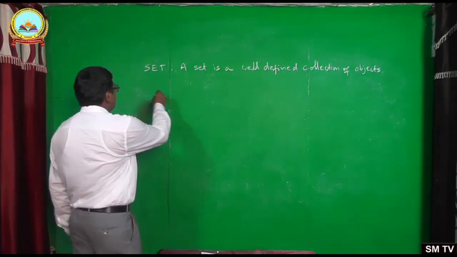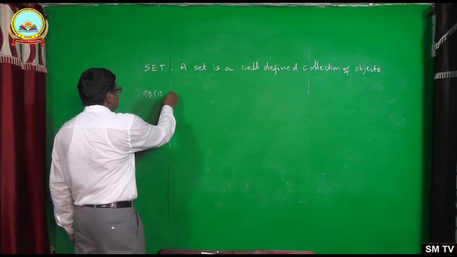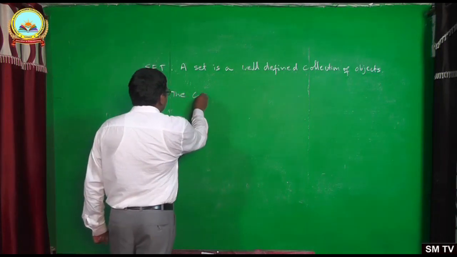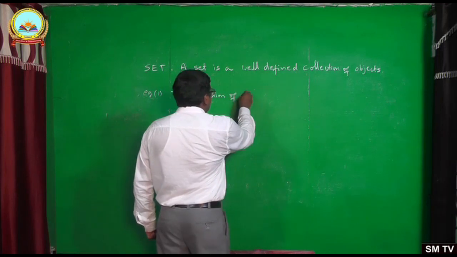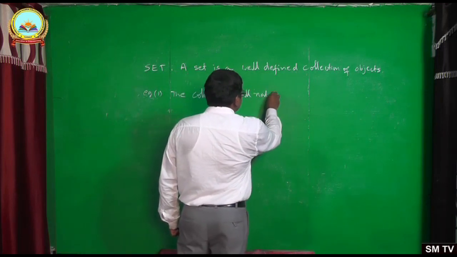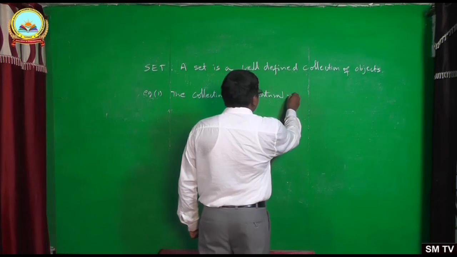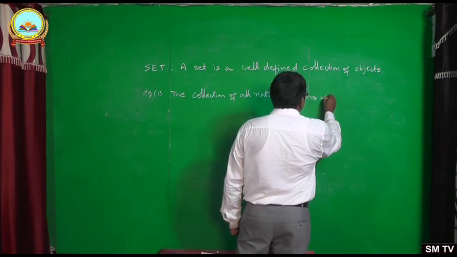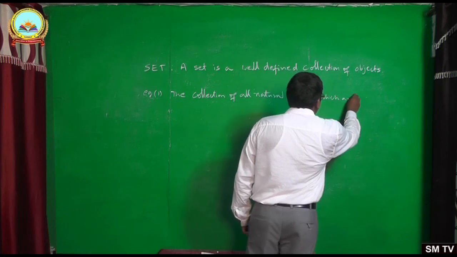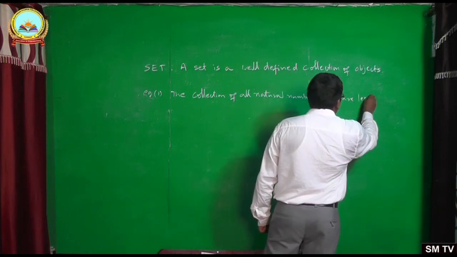Example number 1. The collection of all natural numbers which are less than 4.